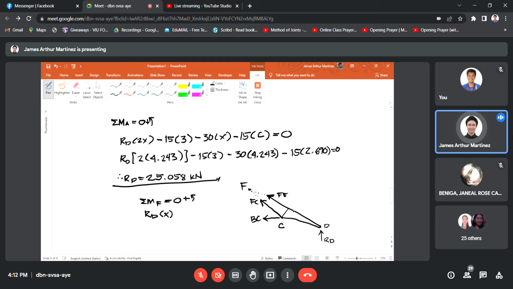So, unsa kung may lain forces, di ba? Si BC na lang. So, BC will be negative sign convention, no? It will have a clockwise rotation with respect to point F. That's why negative BC times moment arm. Okay. So, wala tayo moment arm no, for member BC. Ato na siyang i-label as Y2.